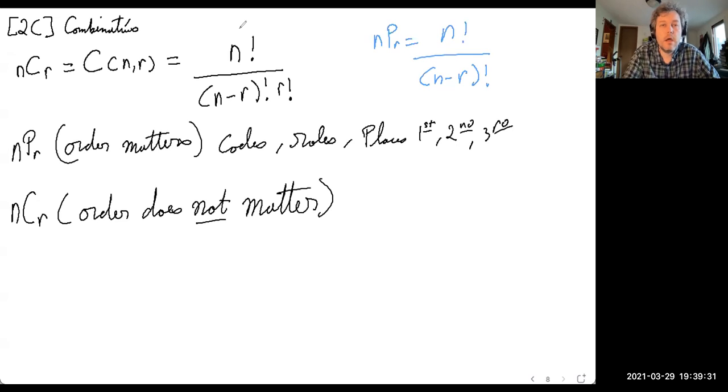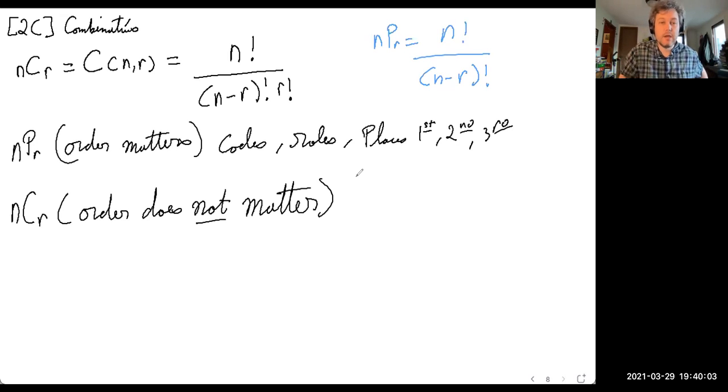For instance, there are 4 of us on this Zoom call right now. How many different ways can you make a group of 4 with 4 people? There's only one way. However, if we rank them in alphabetical order, then there would be 4 factorial permutations. So there are different ideas there.